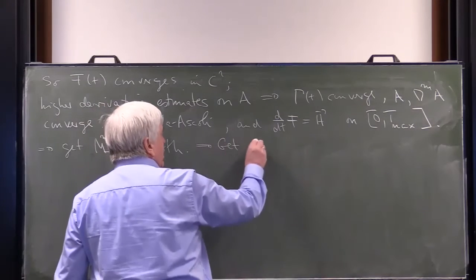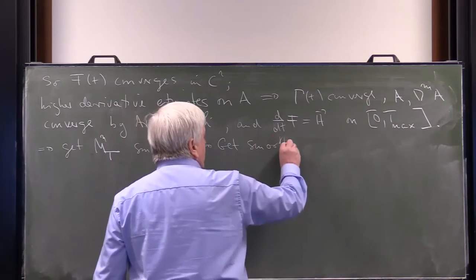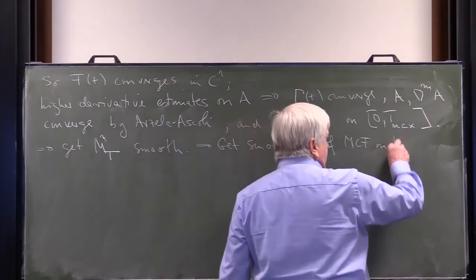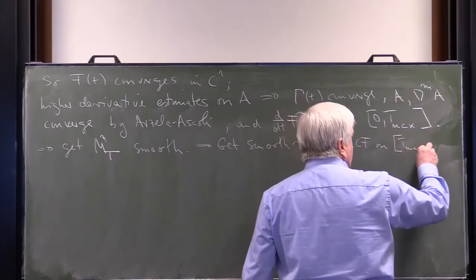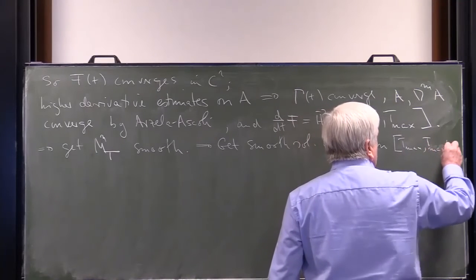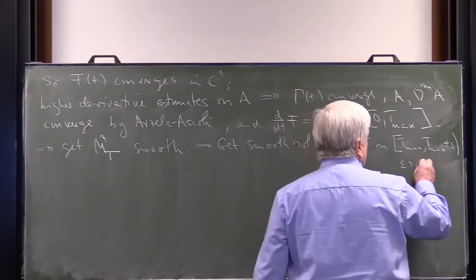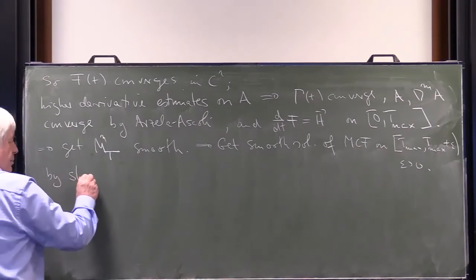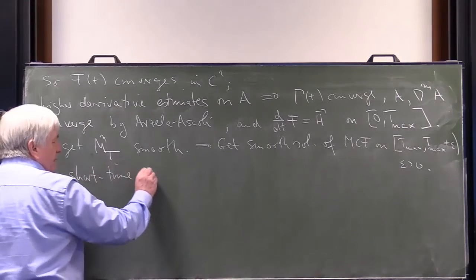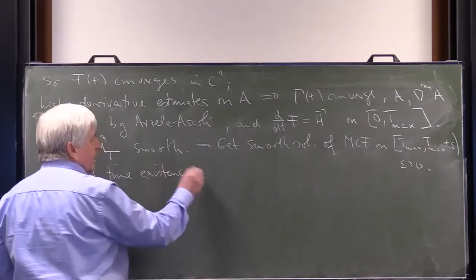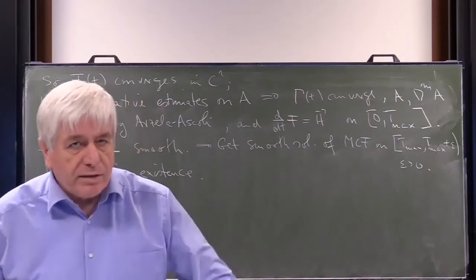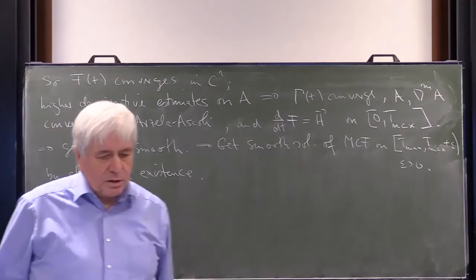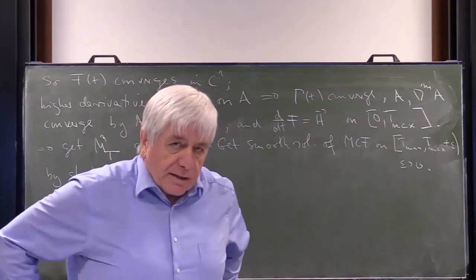Get a smooth solution of curvature flow on the interval T max to T max plus epsilon, for some epsilon positive, by the short time existence, which I mentioned to you last time, and of which I gave a more precise proof in the other course on Ricci flow, and you can find that lecture online.